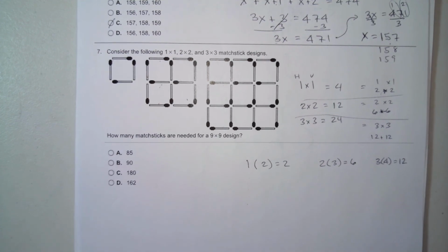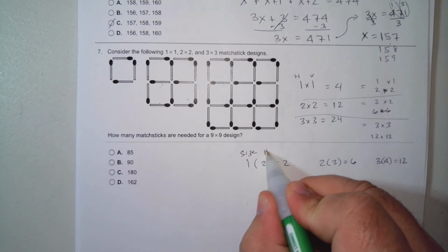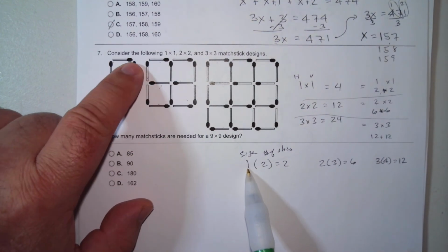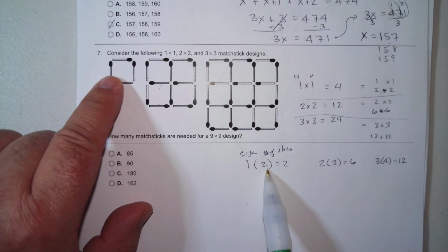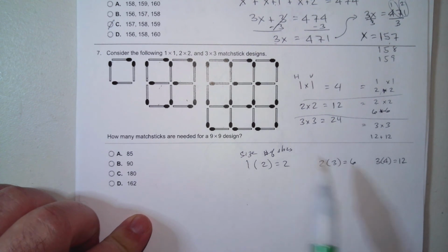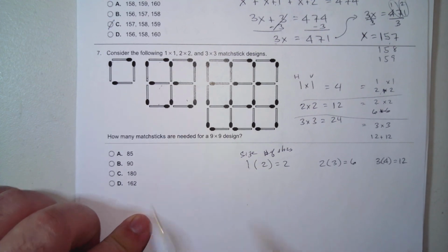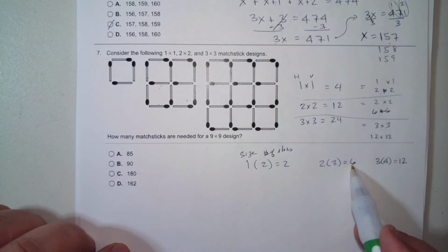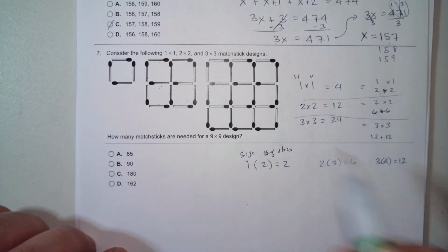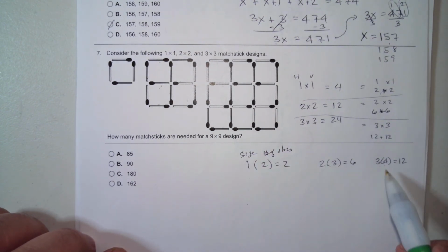Alright, so now we see a pattern. This is the size of the matrix. This is the number of sticks. For the first one, for the horizontal, we need 2 sticks, and for the vertical, we need 2 sticks. For the next one, for the horizontal, we have 1, 2, 3 pairs of sticks, and same with the vertical. So there are 4 groups of sticks.